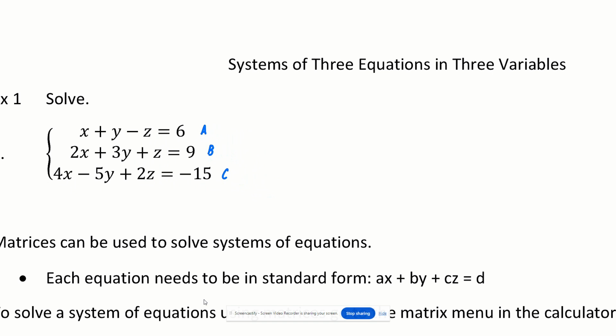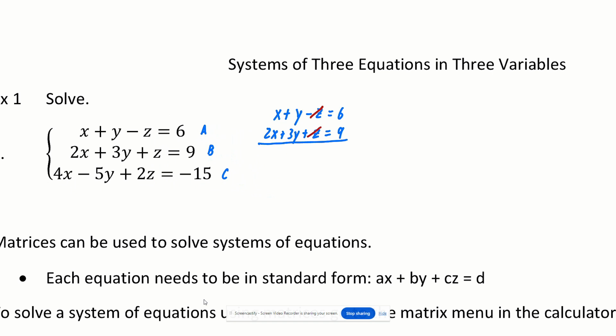I want you to notice right off the bat how A and B both have a positive and a negative Z, which will naturally cancel each other out. So we're going to take the A equation, x plus y minus z equals 6, and the B equation, 2x plus 3y plus z equals 9, and combine those, which will allow your z's to cancel.